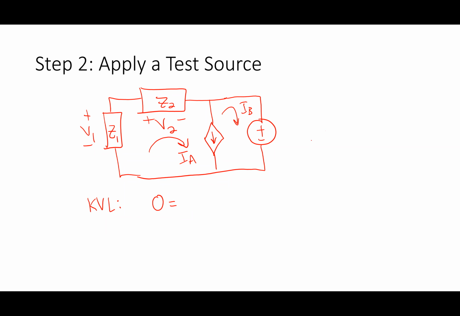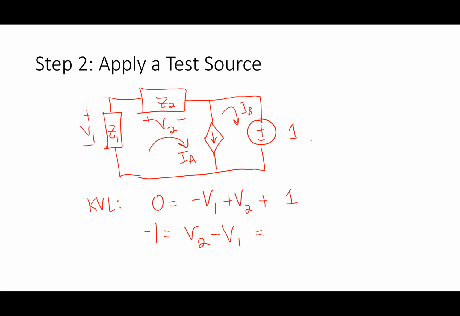Negative V1 plus V2 plus, this was a 1 volt source that I applied, so plus 1. I'm going to bring the minus 1 over: minus 1 equals V2 minus V1.